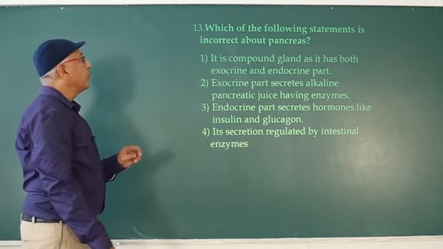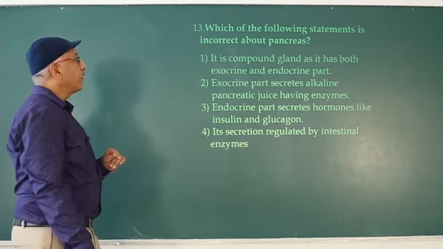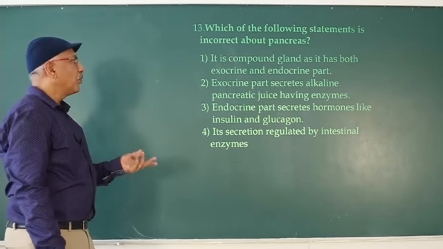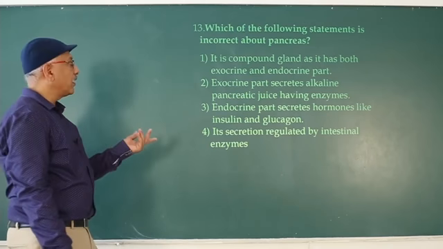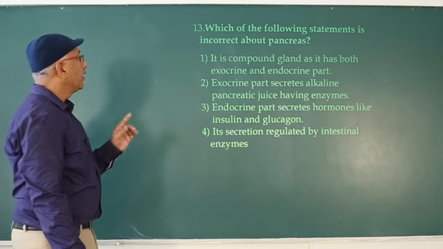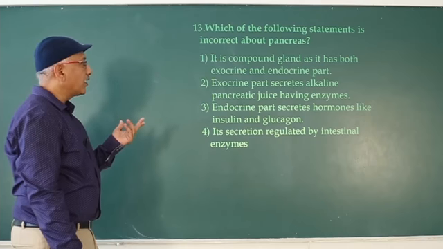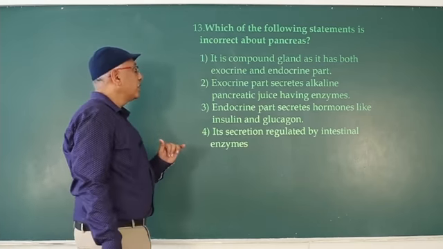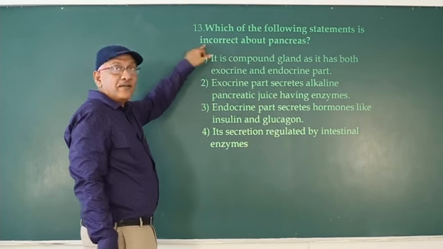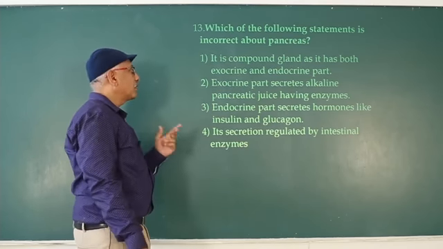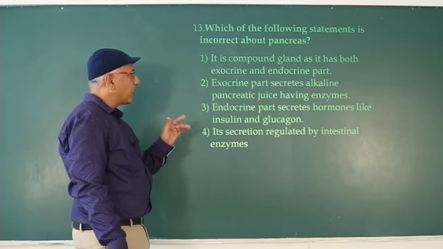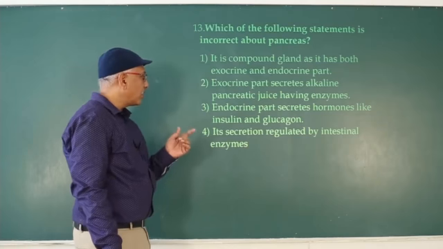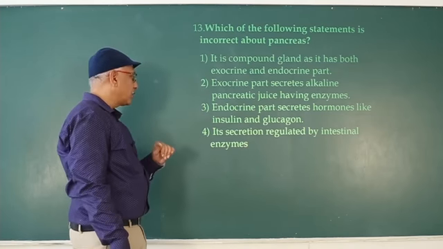Which of the following statements is incorrect about the pancreas? It is a compound gland as it has both exocrine and endocrine parts. Correct; it is called a compound, mixocrine or heterocrine gland. The exocrine part secretes alkaline pancreatic juice having enzymes, also correct.